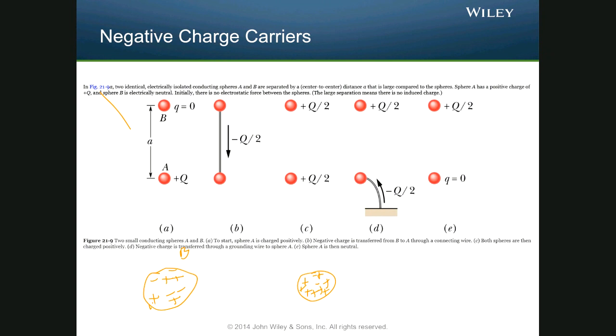When I connect them, the negative charges are already pretty happy. There are so many positive charges, but the positive charges, remember, like repels, say, oh, I don't like this, but they can't really move anywhere because atomic forces are stronger. But what can happen is these negatives go, oh, wait a minute, there's a lot more positive going over here.